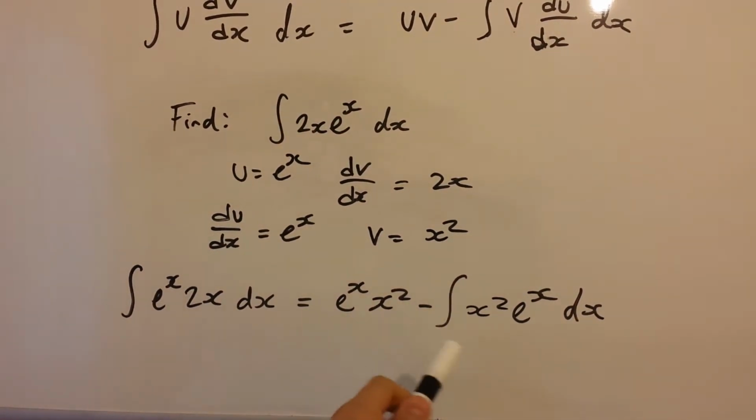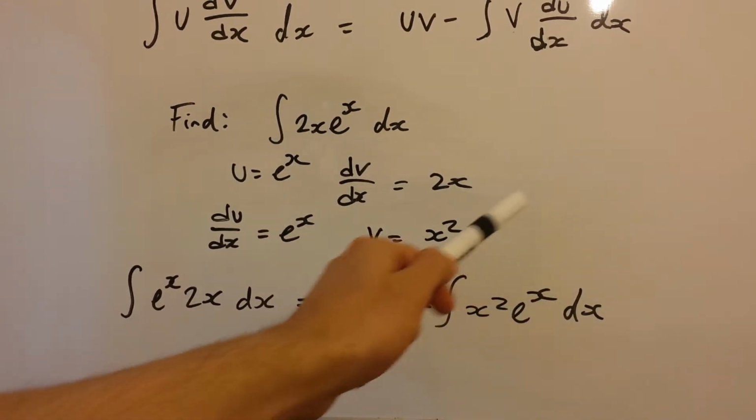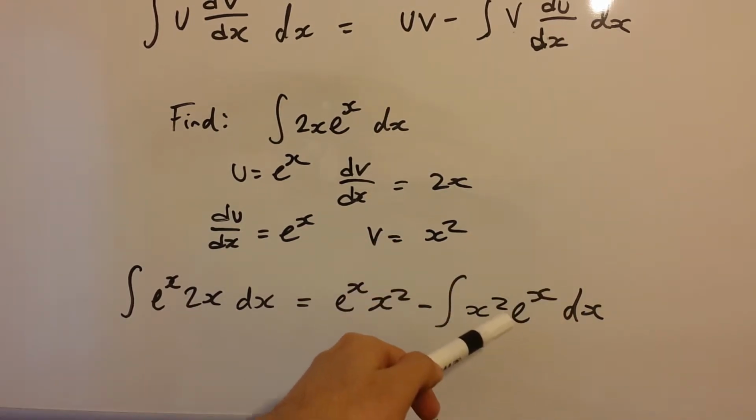So you can see that we get another integral where there's two functions being multiplied together. So we would have to do integration by parts again.